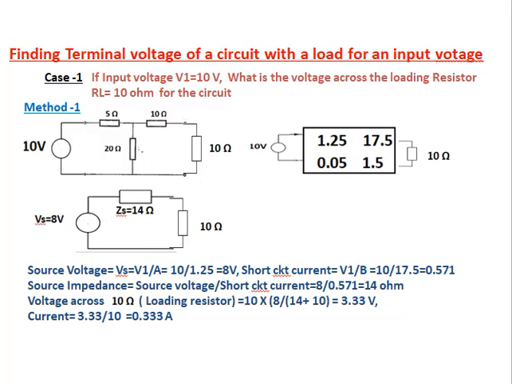Voltage across the 10 ohm loading resistor is 10 into 8 by 14 plus 10, that is equal to 3.33 volt. Current is 3.33 divided by 10, equal to 0.333 ampere.